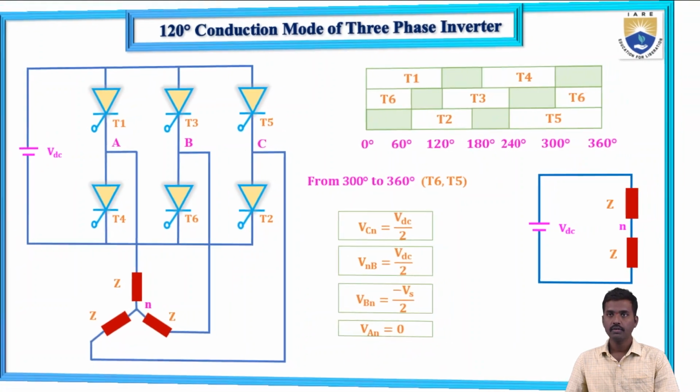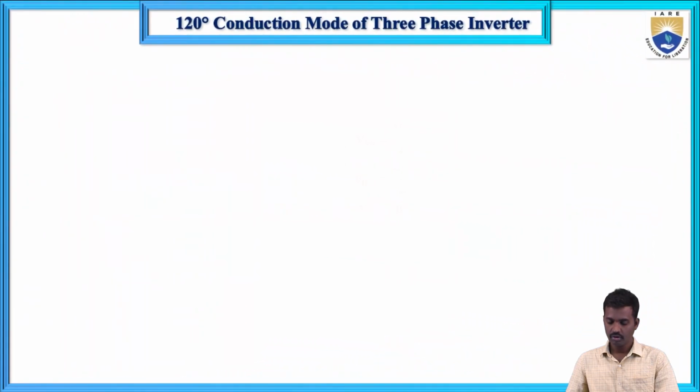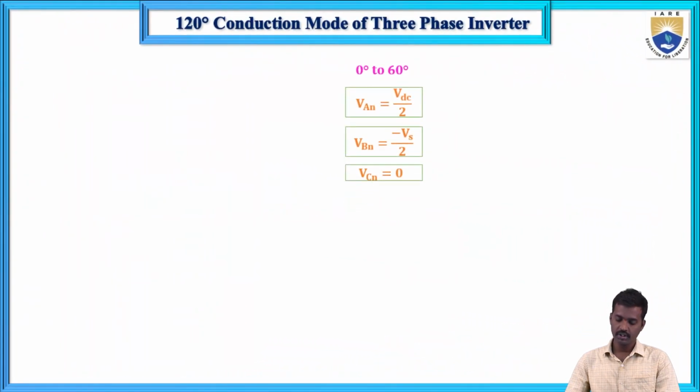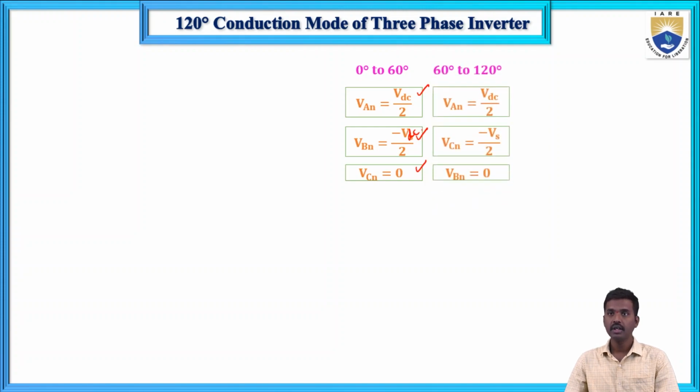Now for each duration from 0 to 60 degrees, we find the VAN, VBN and VCN values. This is VDC. And next, from 0 to 60 degrees VDC and minus VDC and VBN.